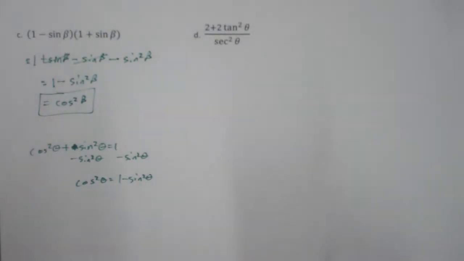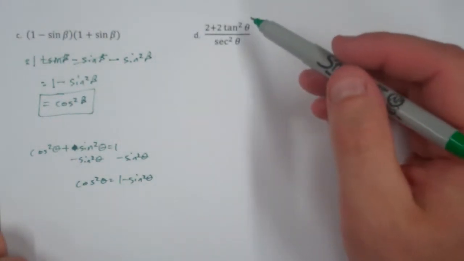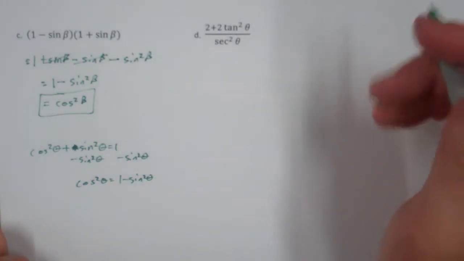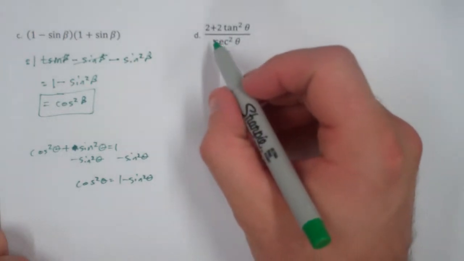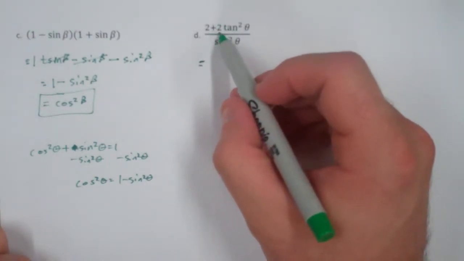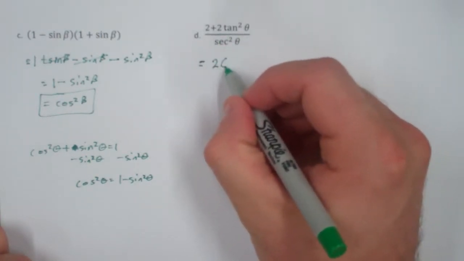With the next one, you could start this one off by changing everything into sine and cosine. That would probably work. Let me give you maybe a more elegant solution to this one. What I'm seeing right now is this 2 and 2, so we can probably factor one of those out.